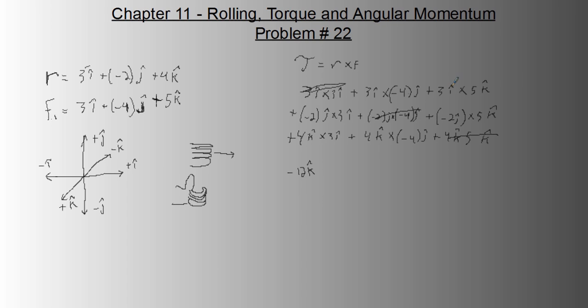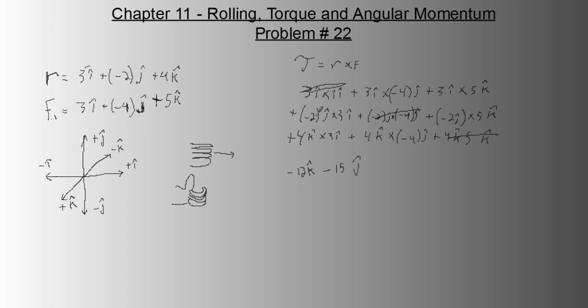Here we got fingers pointing to the right, curl towards you. That makes your thumb point straight down into negative j. So 3 times 5 is 15, but it's negative 15j.